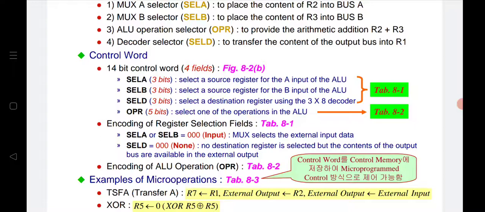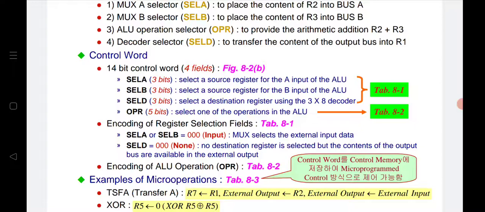Now in D, as I am having only 7 registers, R1 to R7, one combination will be unused, and that is 0 0 0. When D is 0 0 0, no destination register is selected, but the contents of the output bus are available on the external output.